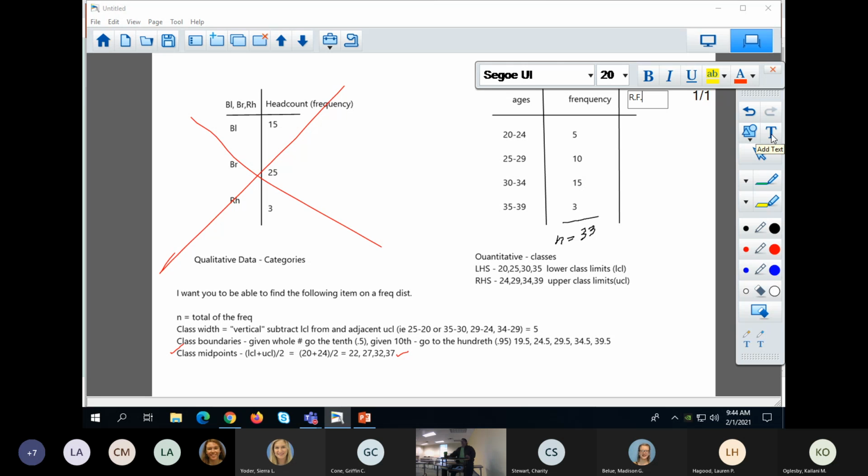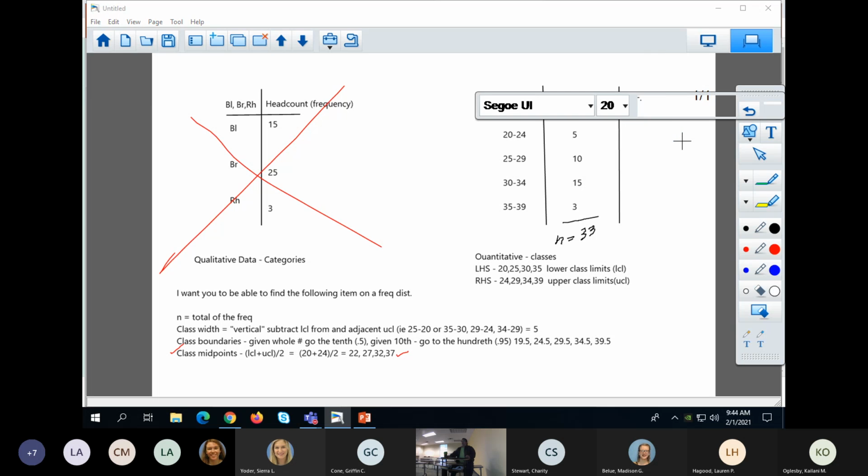Okay, I'll just do a couple of them and then y'all can fill in the blanks. So this one is going to be 5 divided by 33, and that's going to equal, I have no idea, and I'm not going to ask y'all because y'all won't interact with me, so I'm just going to do it myself. 5 divided by 33, and that is 0.15.